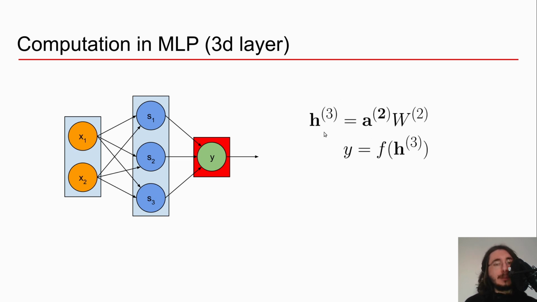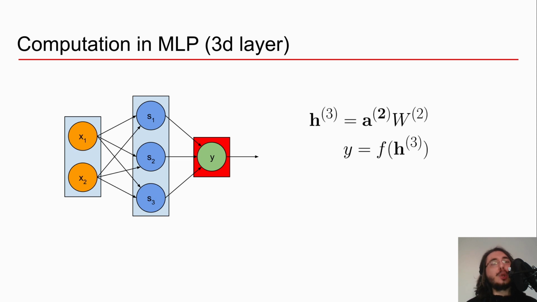Now that we have H3, we can plug H3 into the activation function f, and what we get is y, which is the output.